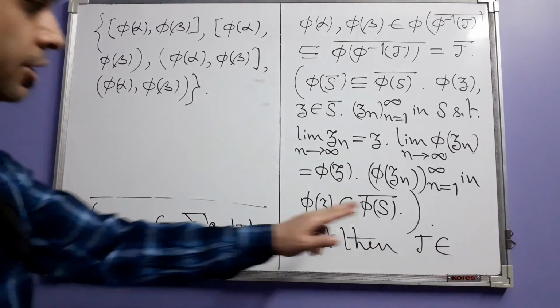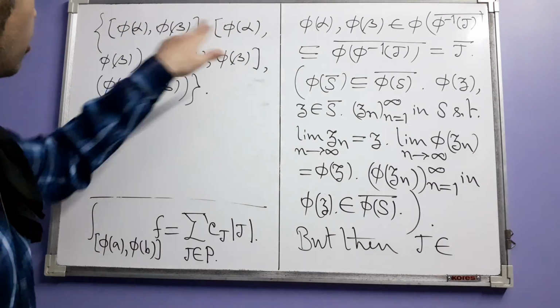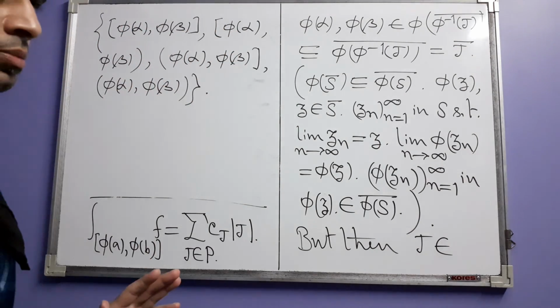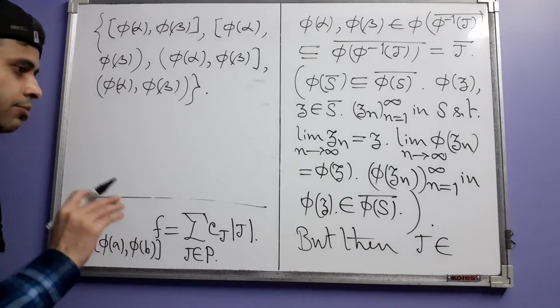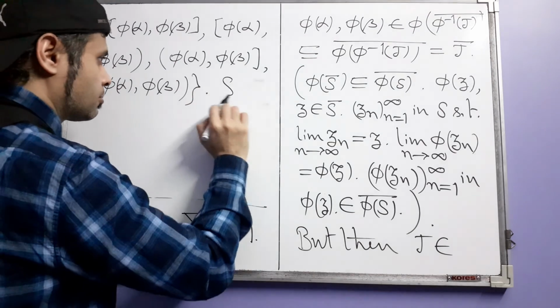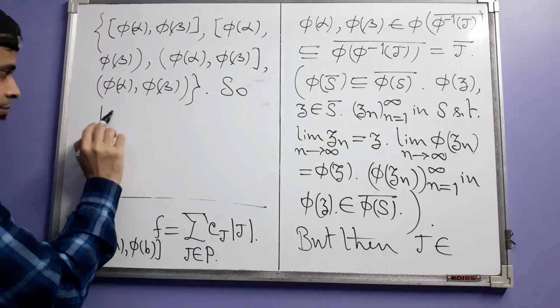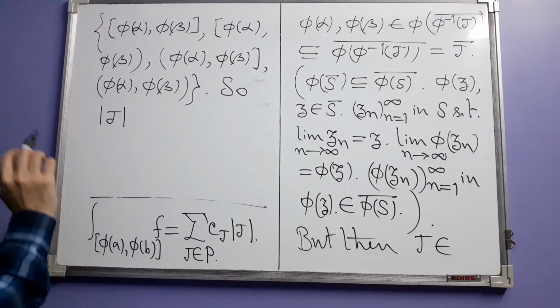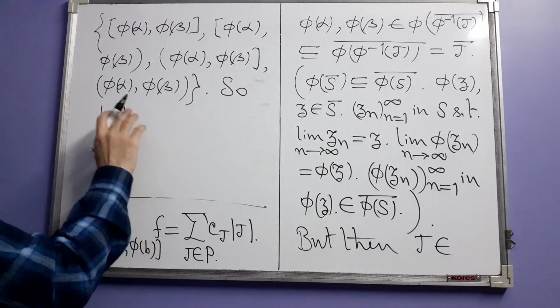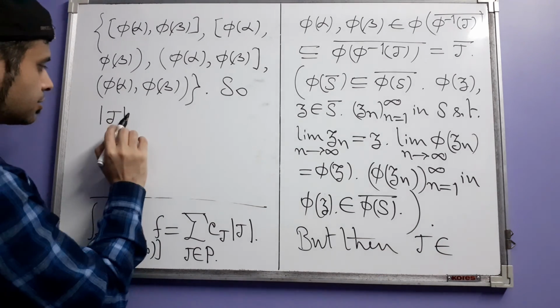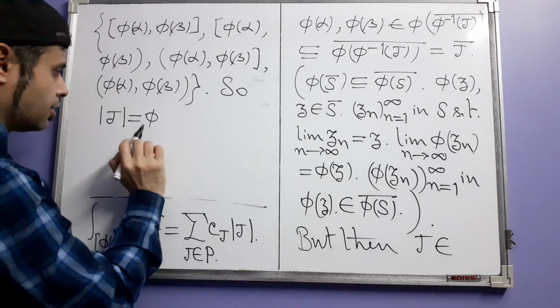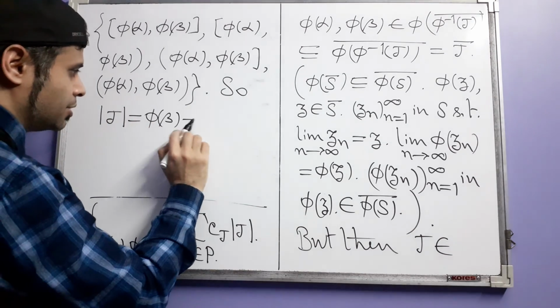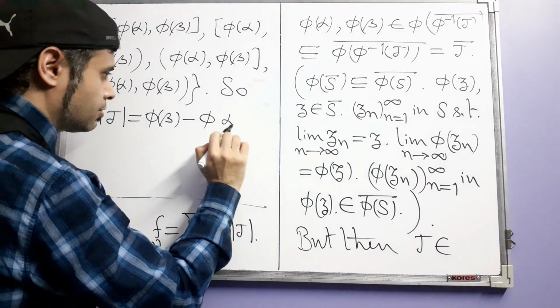So J is either this or this or this or this, and no matter what J is, we can now write what the ordinary length of J is because we know its endpoints. So the ordinary length is phi of beta minus phi of alpha.